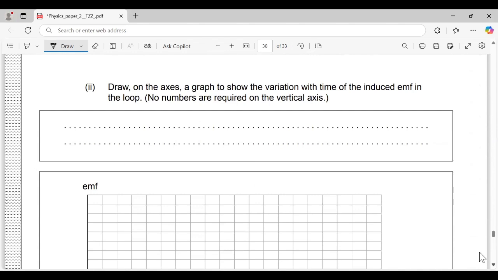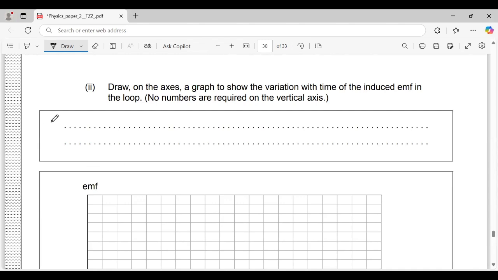Draw on the axis a graph to show the variations with time of the induced EMF in the loop. The numbers are required on the vertical axis. Now I show you that at the initial position when t equals 0, phi equals 0.